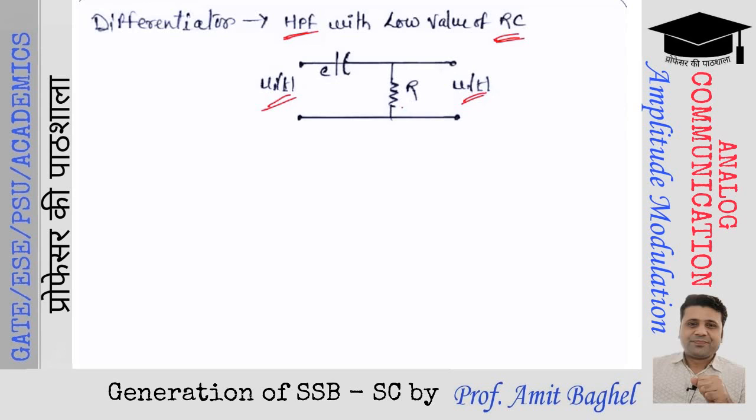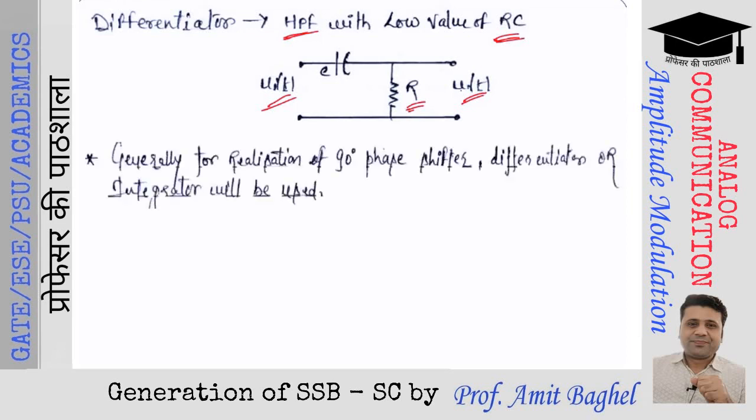When we collect the output at the resistor, we observe the differentiator circuit. This is also known as a high pass filter. So generally, for the realization of a 90-degree phase shifter, either the differentiator or the integrator will be used.